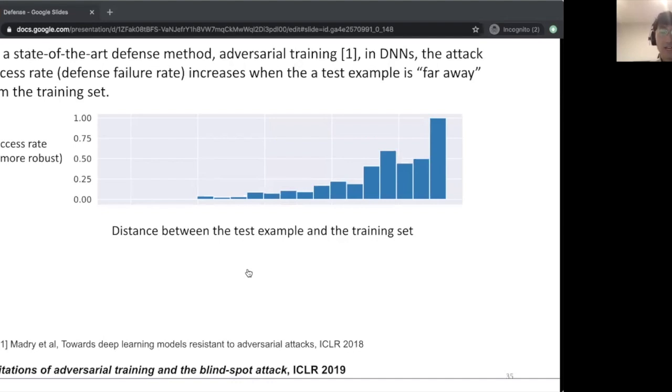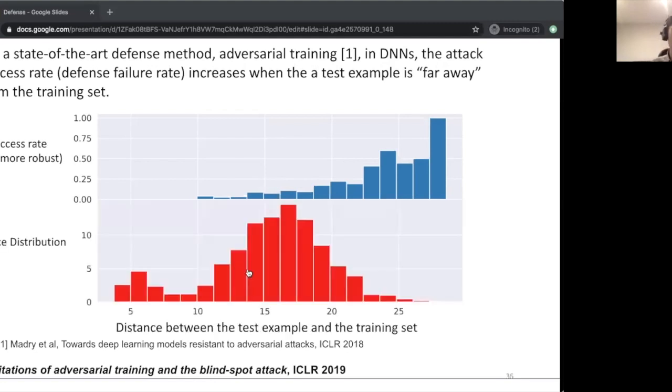In this figure, the x-axis is the distance of a test example from the training set. The blue bars here show the attack success rate. The lower the success rate, the more robust the model, and the higher the success rate, the more vulnerable the model. We can see that test examples that are relatively far away from the training set are likely to be vulnerable to adversarial attacks.